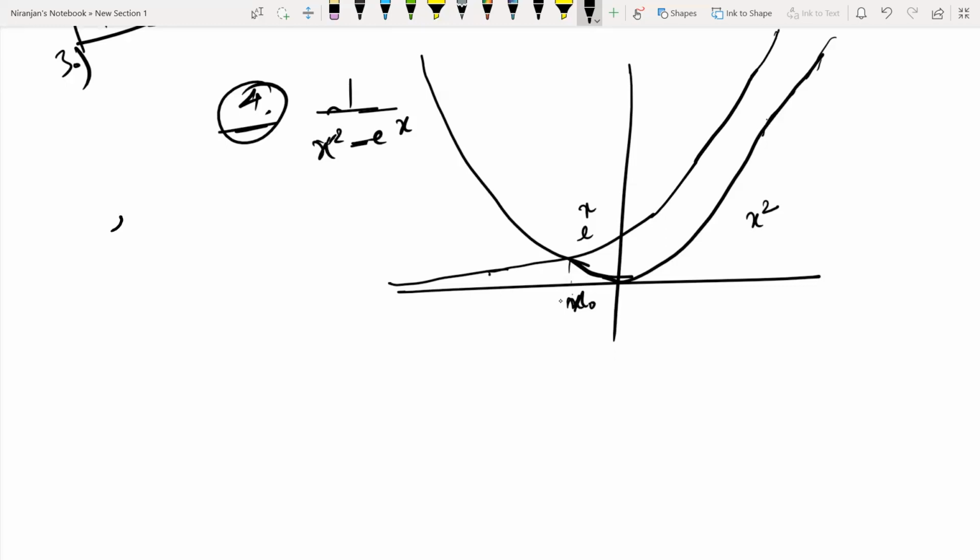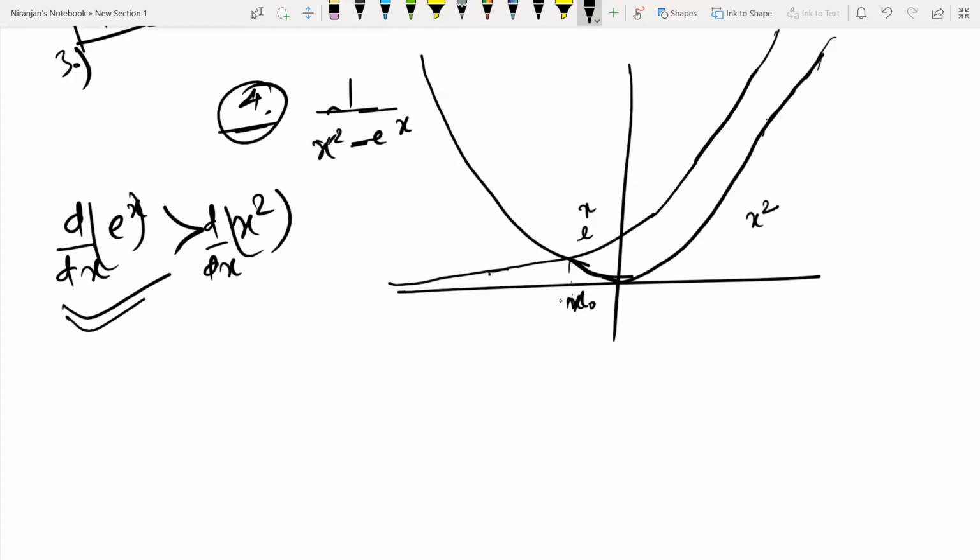Okay, you're right. The exponential function is the most different. The rate of change of e to the power x is always higher than the rate of change of x squared. That's what you need to use. Let's say this point is x naught.